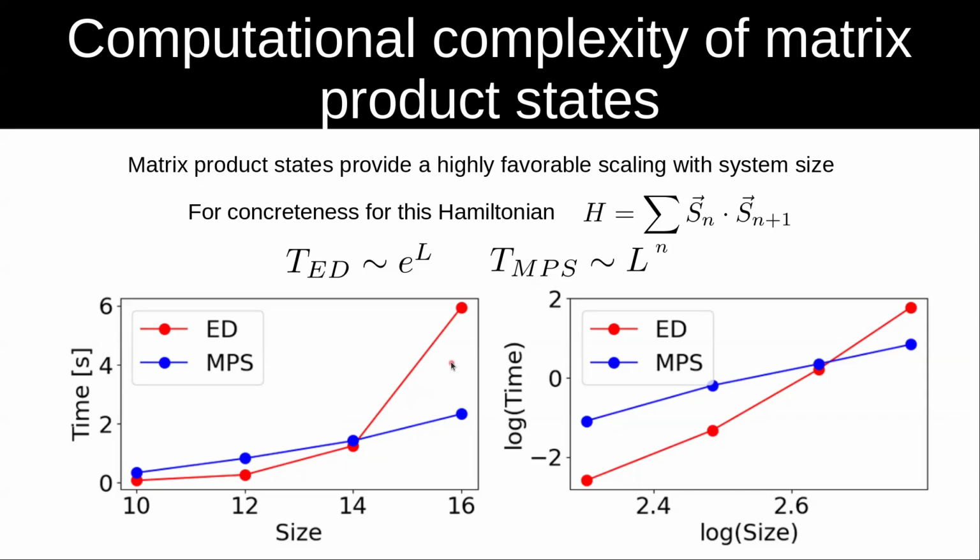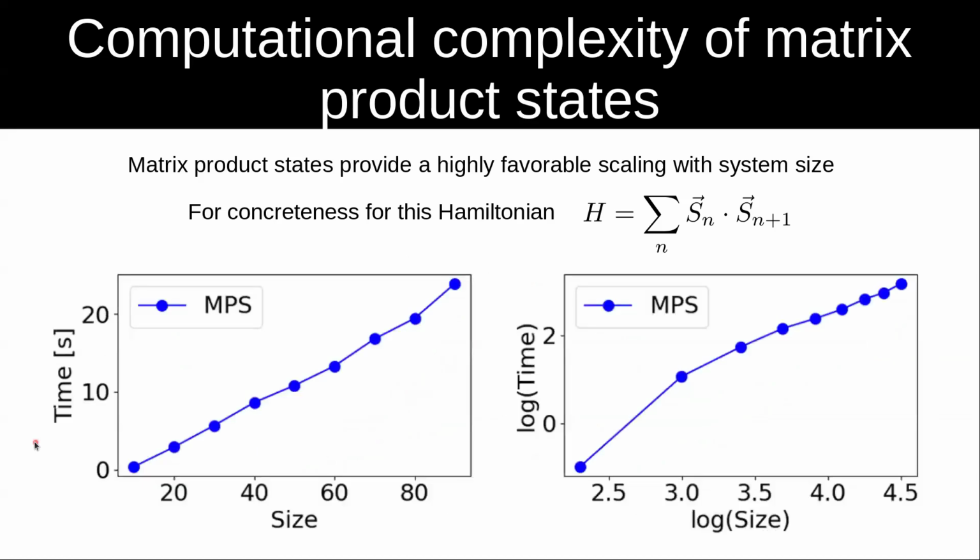Of course, for very small systems, exact diagonalization is faster. And if you use this matrix product state ansatz to go to bigger and bigger systems, you can reach quantum many-body models with up to 80 sites in a relatively small amount of time, on the order of seconds.